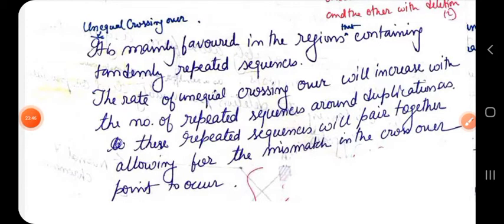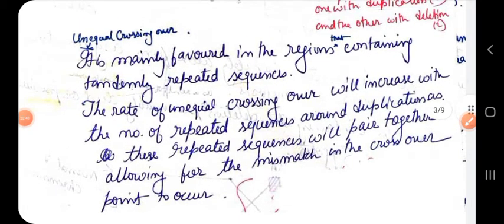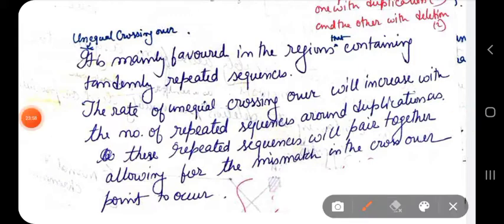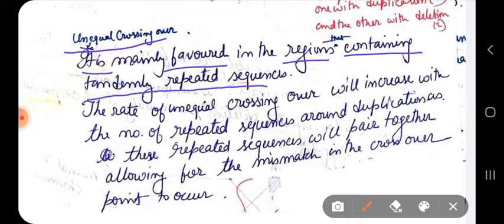So normally unequal crossing over is mainly favored in those regions that contain tandemly repeated sequence. Now why does this type of unequal crossing over occur? It is saying that it is mostly possible in those regions which contain tandemly repeated sequence.